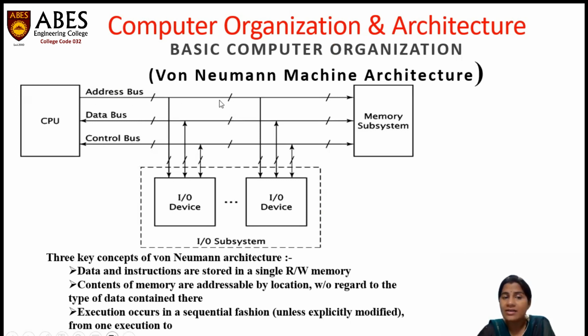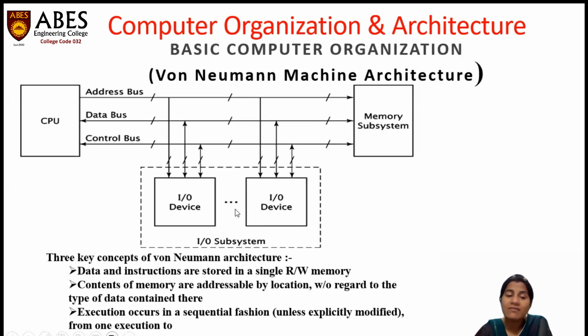The address bus is unidirectional because the CPU sends the address to the memory where it should work, so it needs only one direction. The data bus is bidirectional, it can accept the data and send the data. The control bus is used to send control signals, so it is bidirectional. Here are the input-output subsystems and devices.